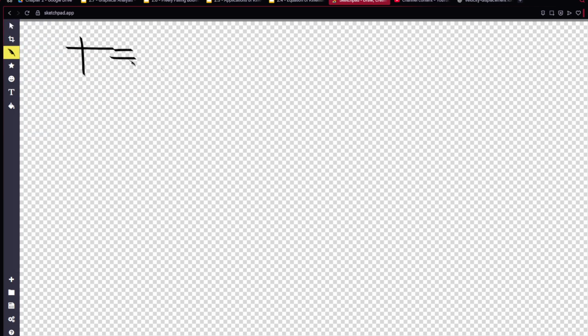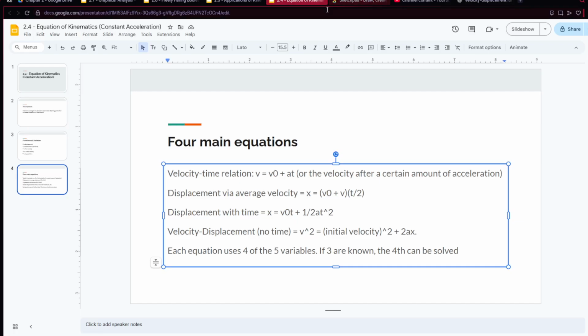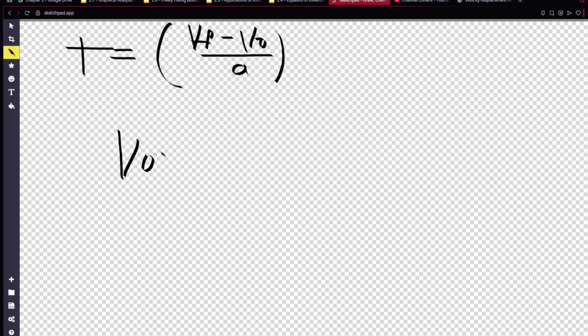I'm good at algebra, but the proofs are always invigorating. So here's what we're going to do. We're going to do v0t plus at squared over 2.